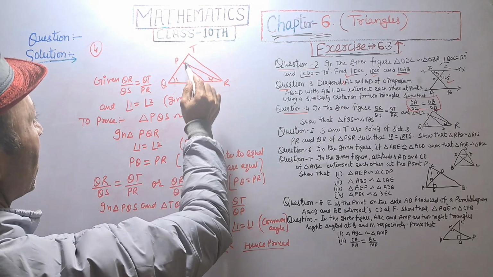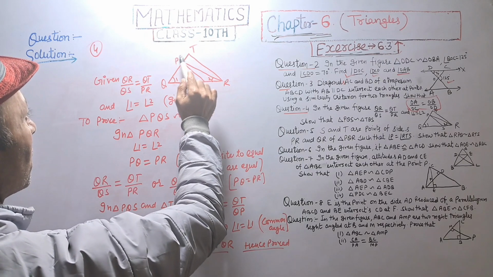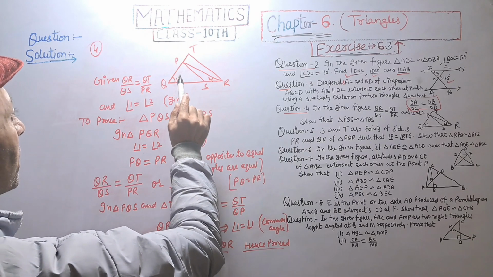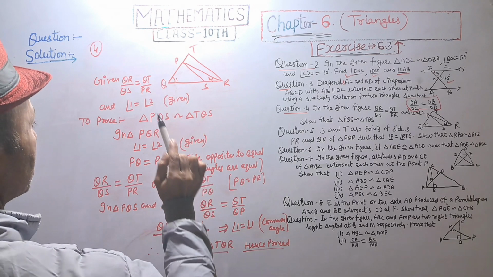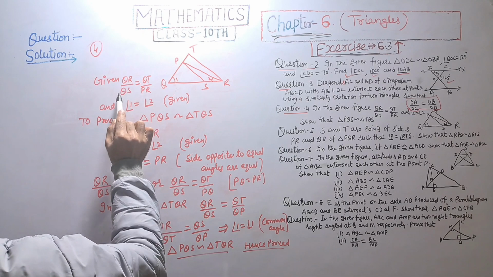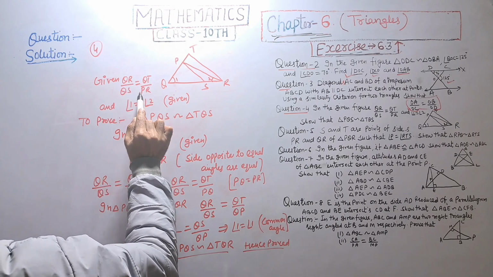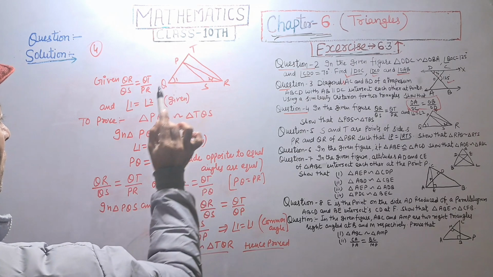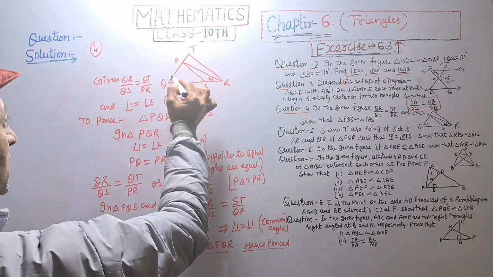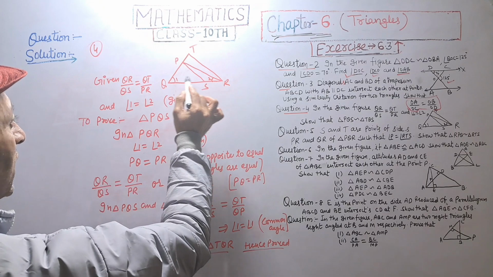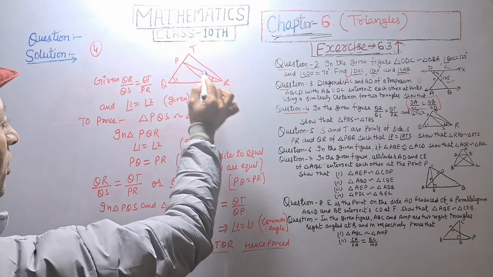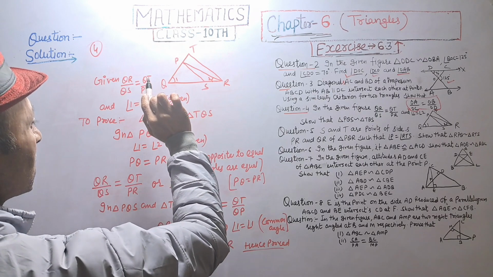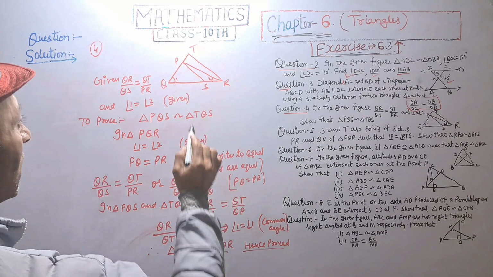We have the given diagram, TQR and PQS. Given QR upon QS is equal to QT upon PR, and angle 1 is equal to angle 2. Sides opposite to equal angles are equal.